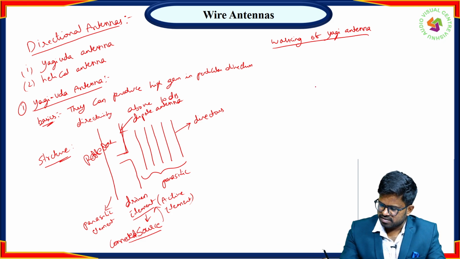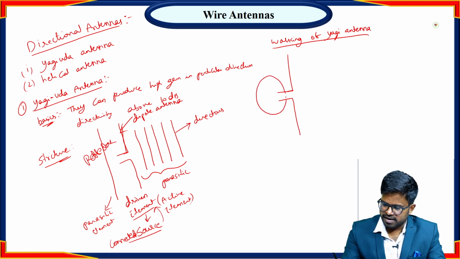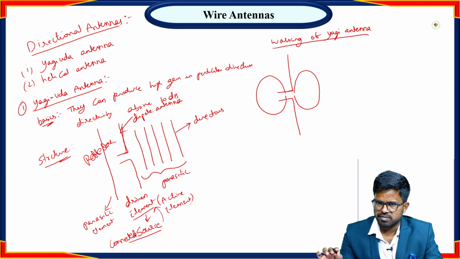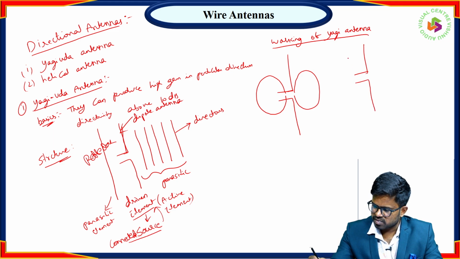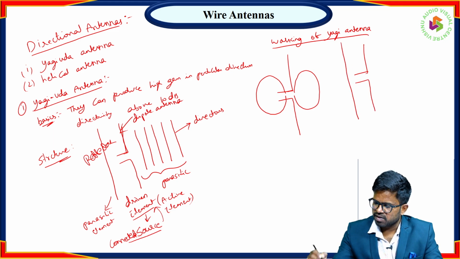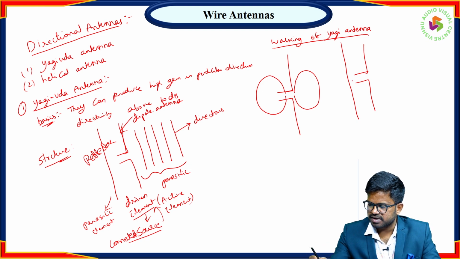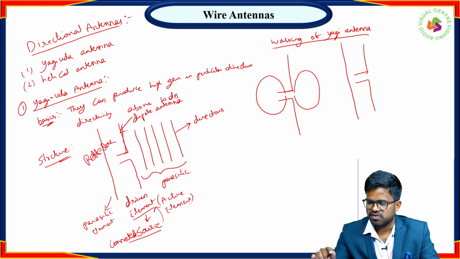First of all, when we take this dipole antenna, just now we have seen the dipole antenna, they are having radiation in all directions except top and bottom. Okay, when we place this reflector, what will happen? Whatever the radiation in the backside, that will be stopped by the reflector.